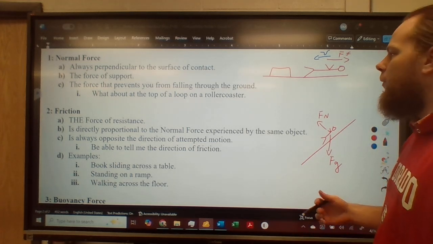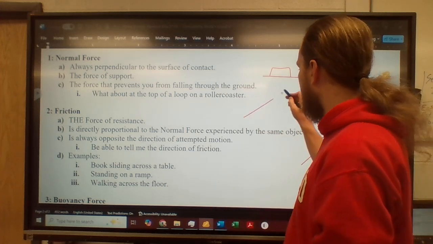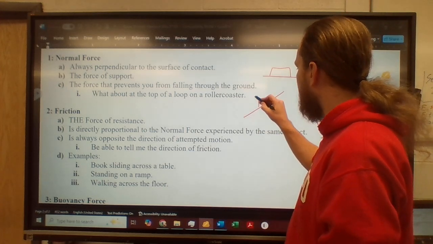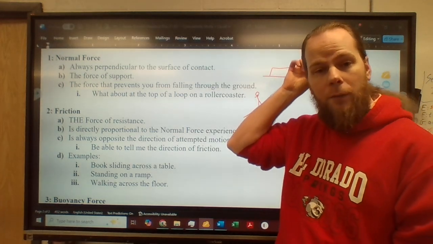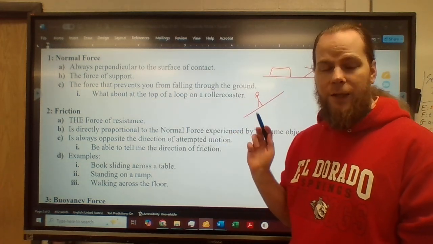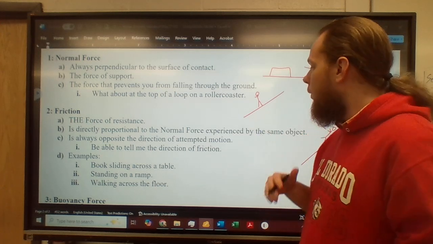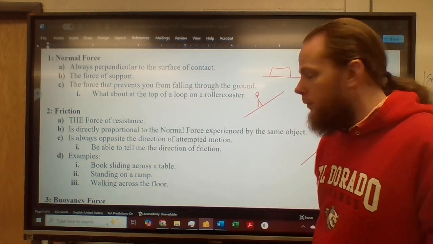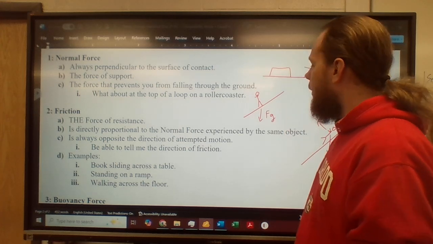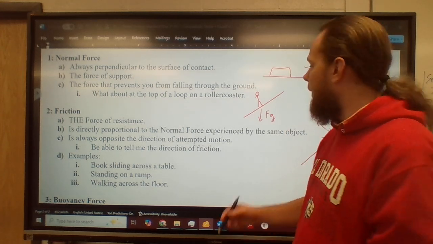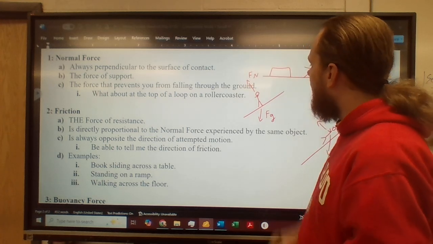Now, what if you are standing still on a ramp? You're not moving on the ramp, you're just standing there. While you are standing there, there are three forces that you're dealing with. Gravity, which is always present, is going to be down. The normal force, the one we just talked about, is perpendicular to the surface of contact.